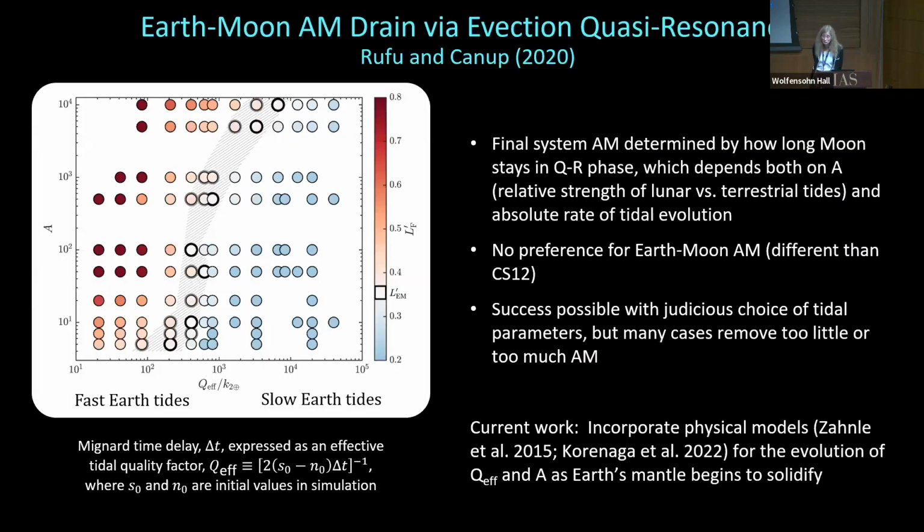Yes, you have anticipated the work of Tian et al. 2017. So this is Jack Wisdom and Lindy Elkins-Tanton and Tian. So this plot here, we are holding the tidal properties of both the Earth and moon constant, but they would not be. There would be a feedback that would exist.